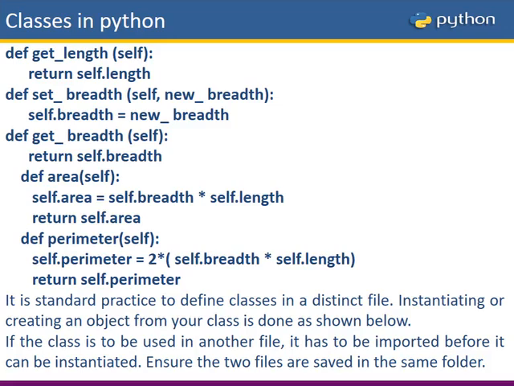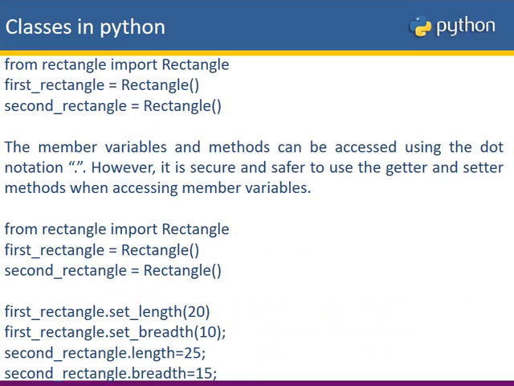If the class is to be used in another file, it has to be imported before it can be instantiated, so we ensure that the two files are saved in the same folder. So we have the example of importing the rectangle: from rectangle import Rectangle. We have the first rectangle equal to Rectangle, and the second rectangle equal to Rectangle.